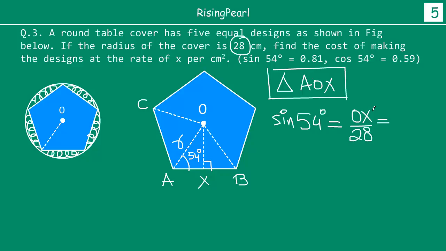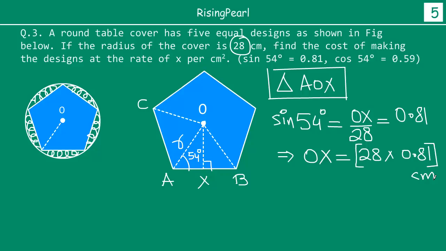The value of sine is given to us, it is 0.81. From here we find OX is equal to 28 times 0.81 centimeters. Now what is OX? OX is this length, which is a for our area.